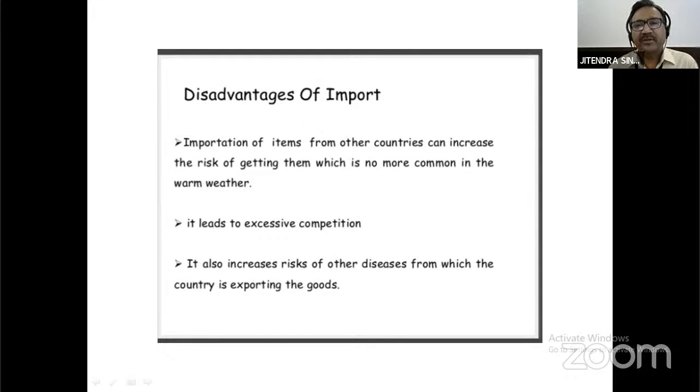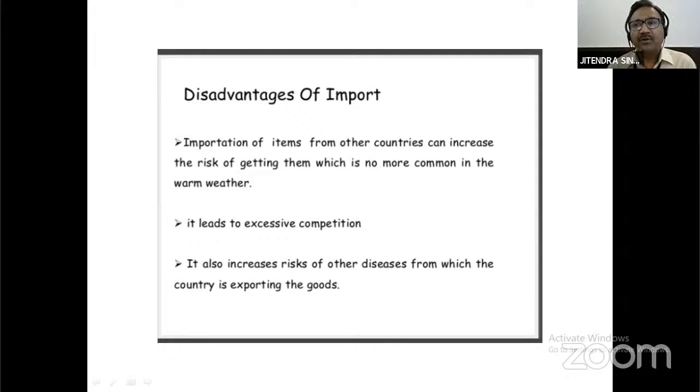Sometimes it also increases the risk of diseases from the country which is exporting the goods. In the case of corona, we are all aware of this deadly virus COVID-19. Suppose we are importing certain commodities from China, especially from the Wuhan area. If we are importing goods from countries where a particular disease has broken out, a recent example being monkeypox, definitely that virus can enter the Indian market through those goods and consignments.